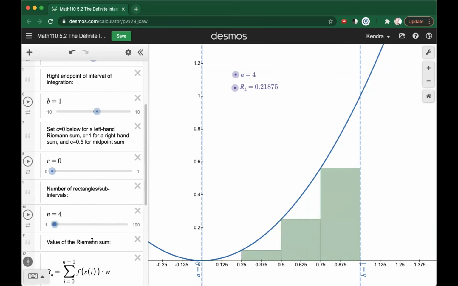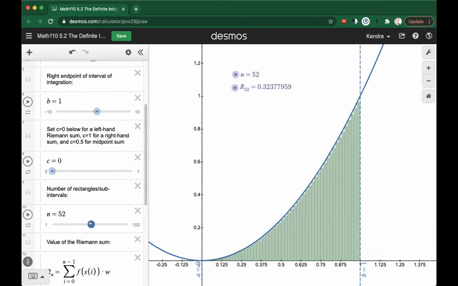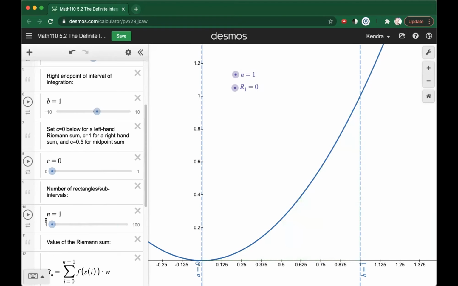And here is what it looked like for 4. Here is what it looked like for 8. And each one we can see those estimations are too short. But if I take more and more subintervals, then I am filling in more and more of those gaps. And so I get a better resolution and better estimate of what that curved area is.